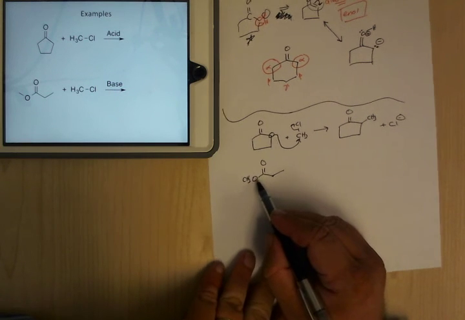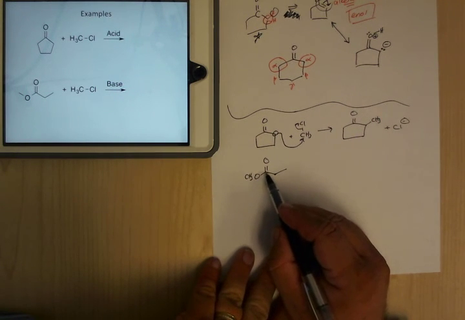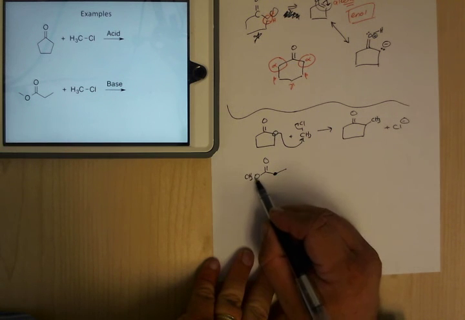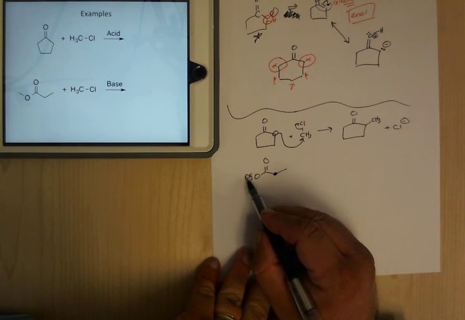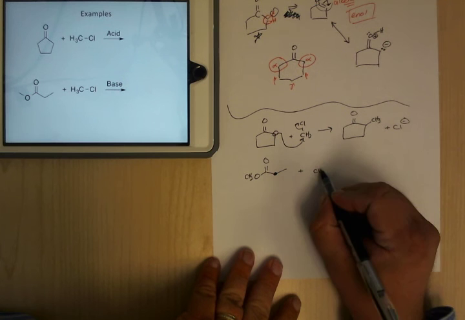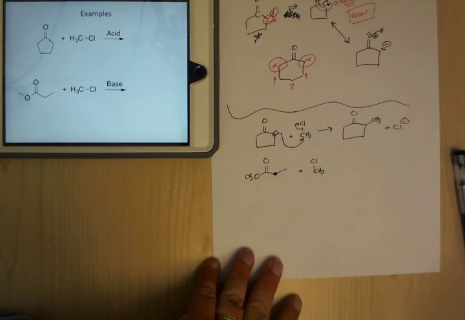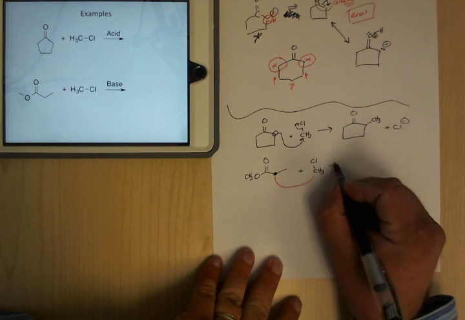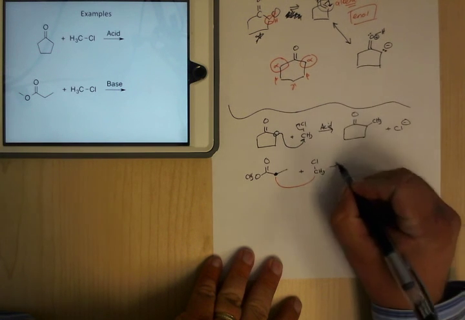Same thing here. So here's the alpha, next to the double bond O. The alpha is right here. There's no alpha on this side, well, there's the oxygen, but this carbon is too far away. So you have this with chlorine, in the presence of either acid or base.